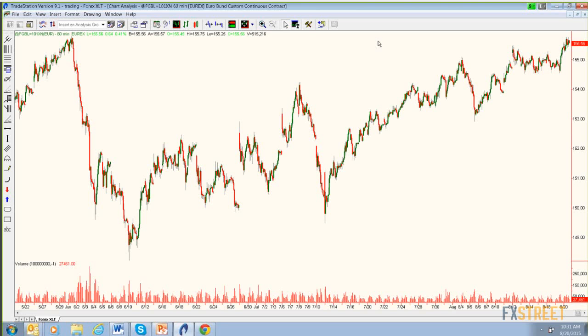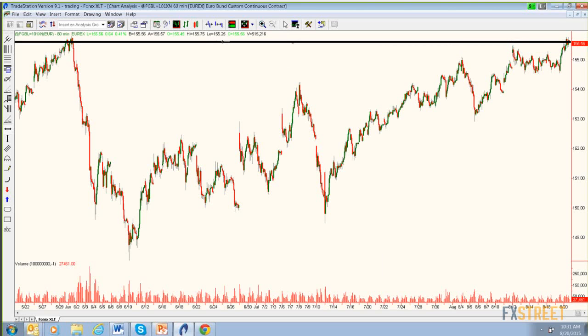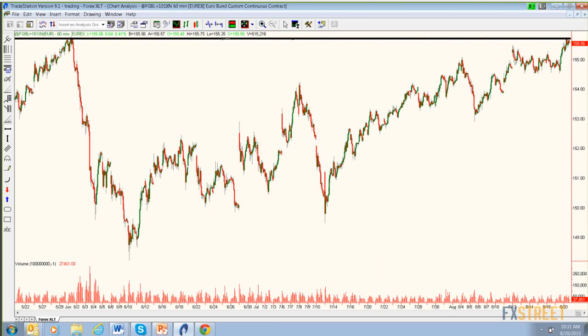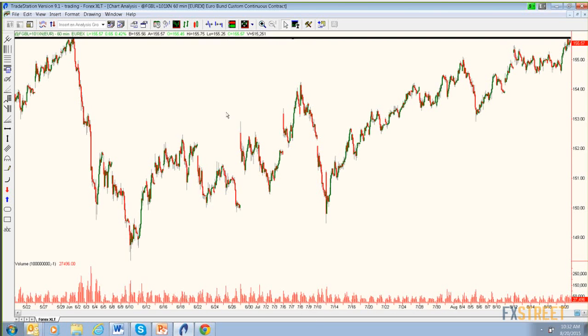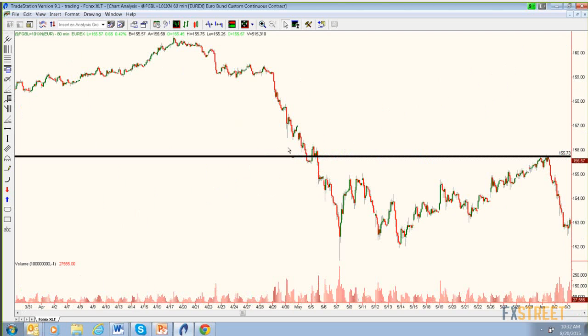We are up into this area. Let's put a horizontal line up here and scroll left. And now let's blow the chart up a little bit.